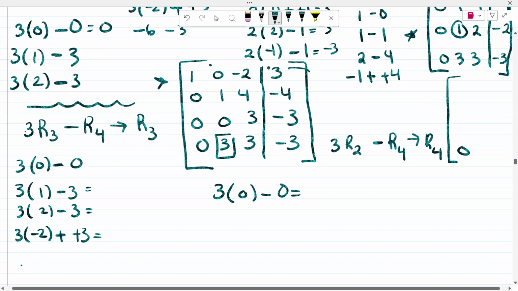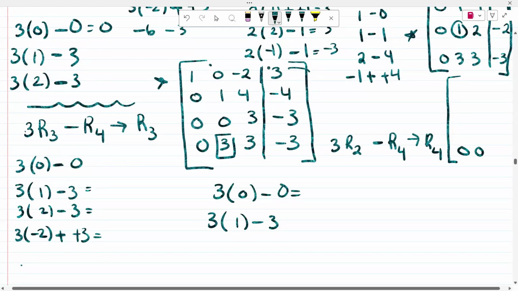Keep on going. 3 times the second number in row 2, which is 1, minus the second number in row 4, which is 3. So 3 minus 3 is 0.